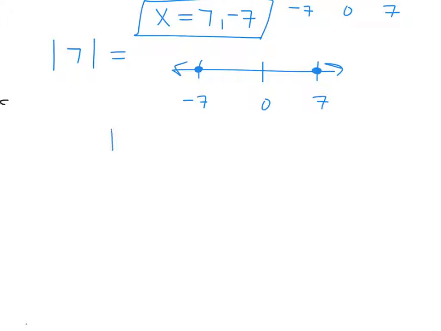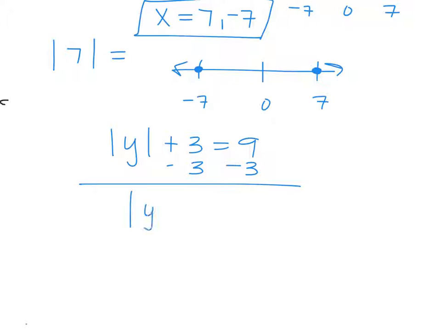So if I said the absolute value of y plus 3 equals 9, what do you do? Subtract 3. You want to isolate your absolute value. So you get the absolute value of y equals 6.